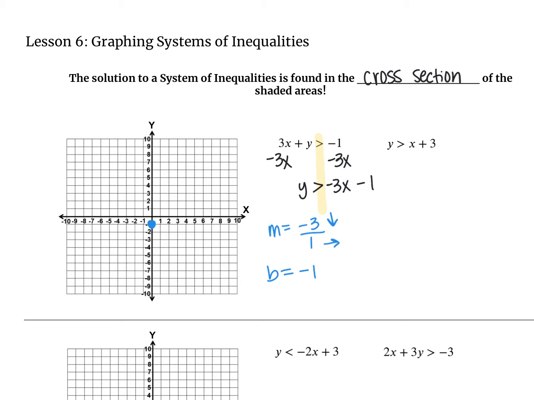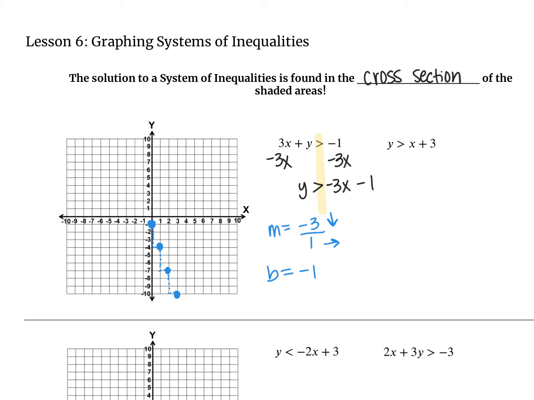Then we're going to use our slope, -3 over 1, and go down 3, right 1, and plot a point. Down 3, right 1, plot a point. Down 3, right 1, plot a point.